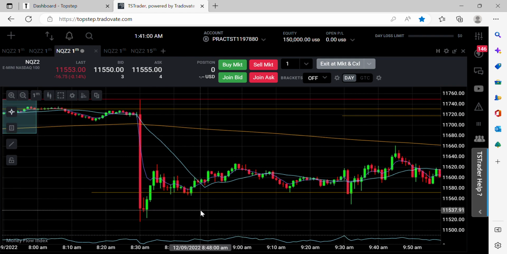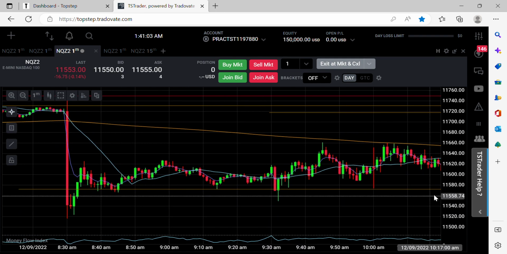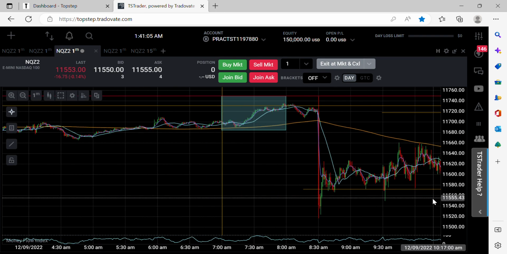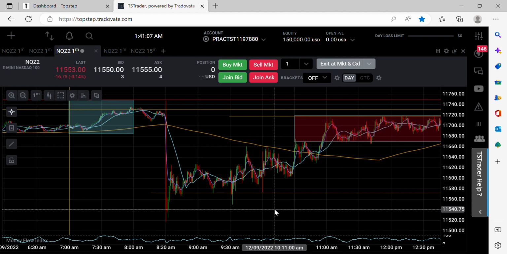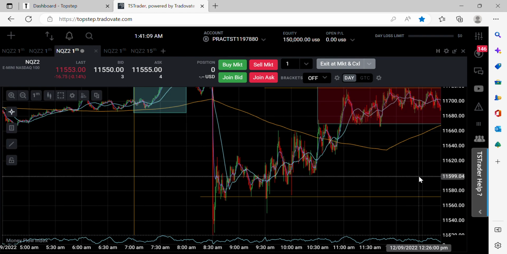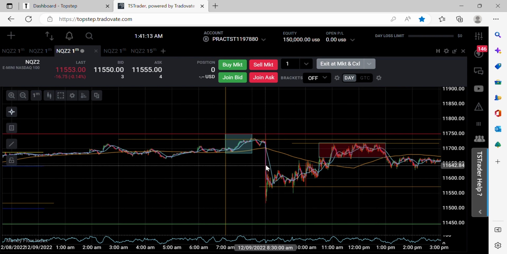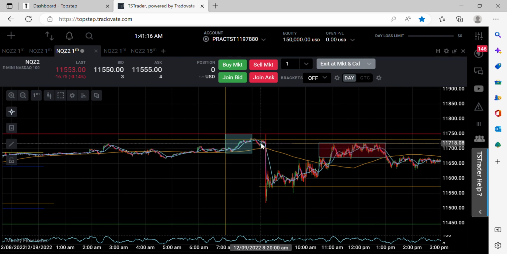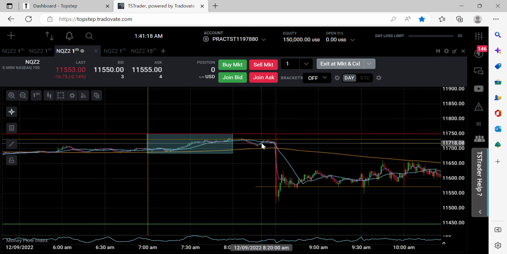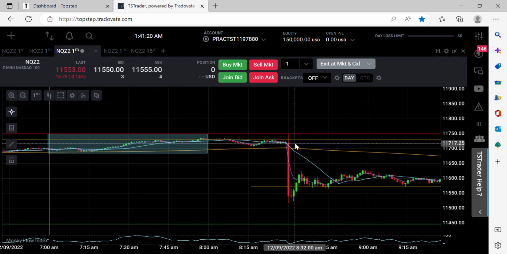So if we go throughout the day, and we're just working off that limited amount of data we have, what happens? Well, we make it all the way to here, which is the top of the meat of the candle.